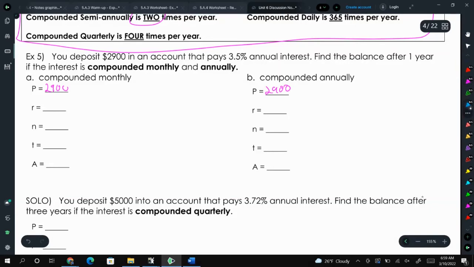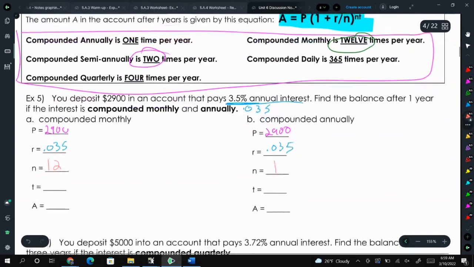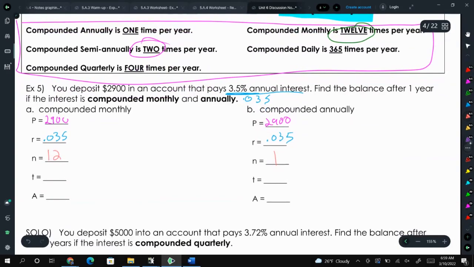Your interest rate, again, we want this as a decimal, so it's 0.035. Our n, when we say monthly, our n is 12. When we say compounded annually, our n is 1. And that comes again from this stuff up here. T, it says 1 year. And A, we need to calculate.